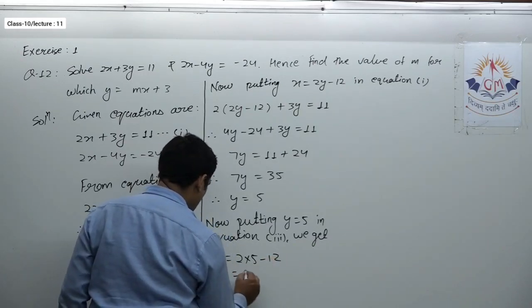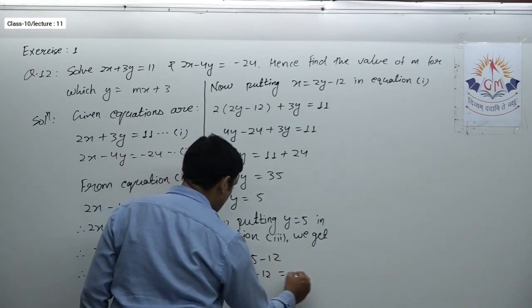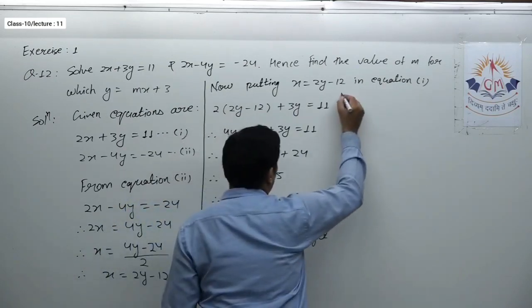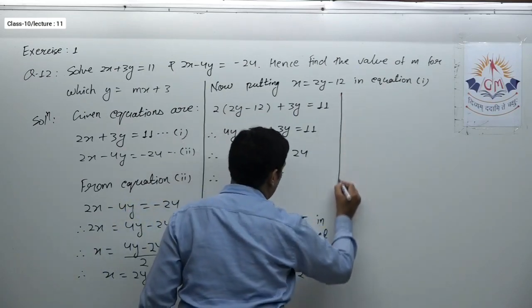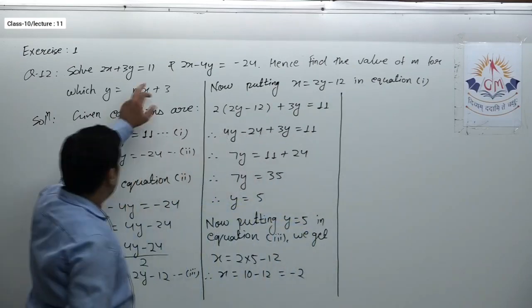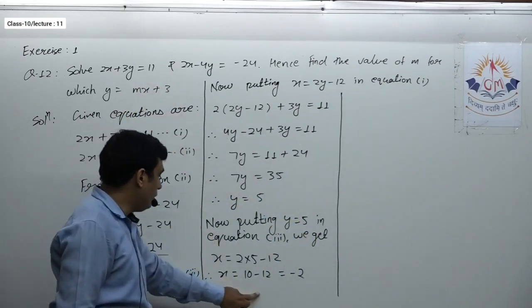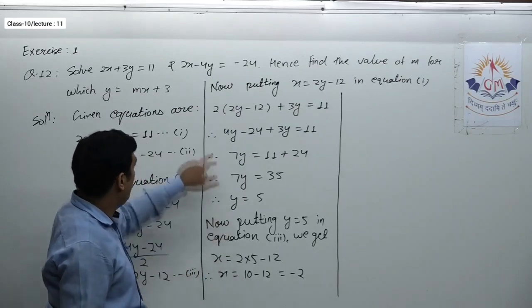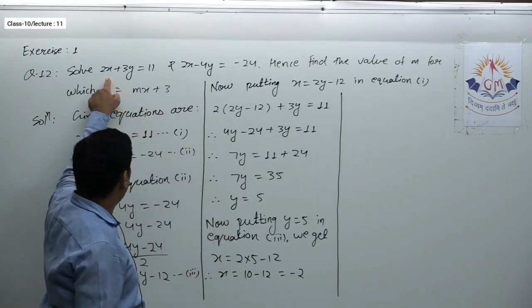Therefore x is equal to 10 minus 12, that is minus 2. So here I obtain the value of x as well. So we can say x equal to minus 2 and y equal to 5 is the solution of the given pair of equations.